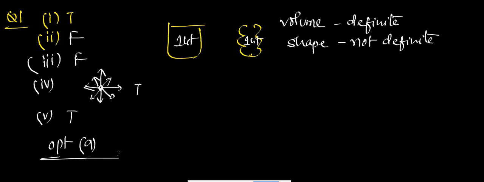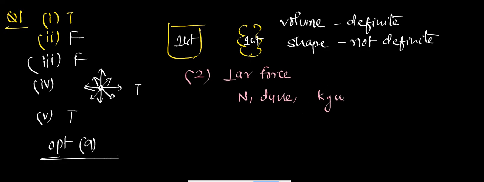What is the SI unit of thrust, ma'am? What is thrust basically? First of all, is it force or is it pressure? Thrust means perpendicular force. So thrust also will have the same units like force, right? SI unit is Newton, CGS unit is Dyne, and when you take the gravitational units, it is kilogram weight in SI system, gram weight in CGS system.